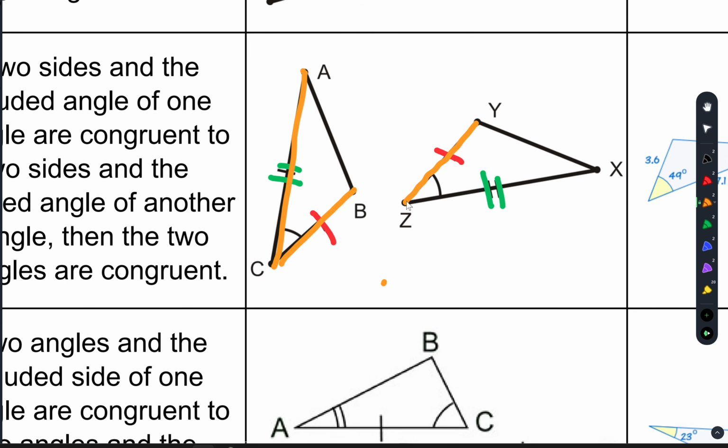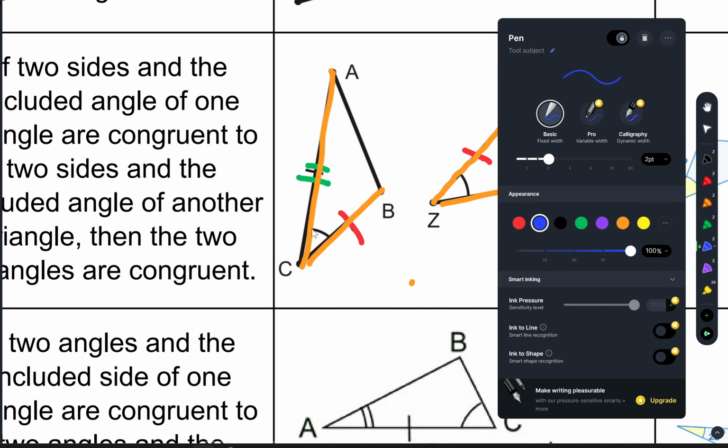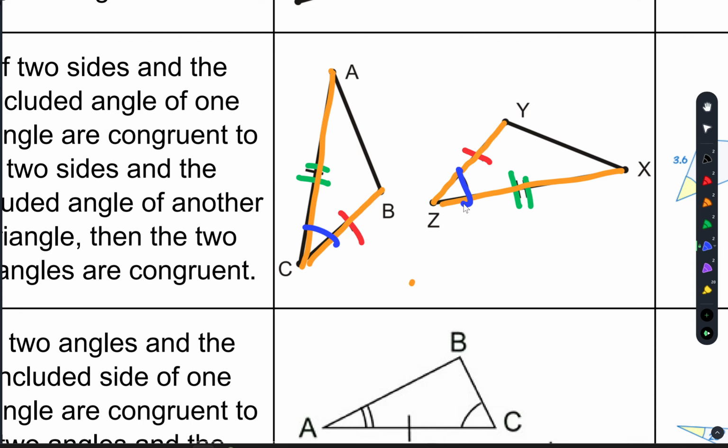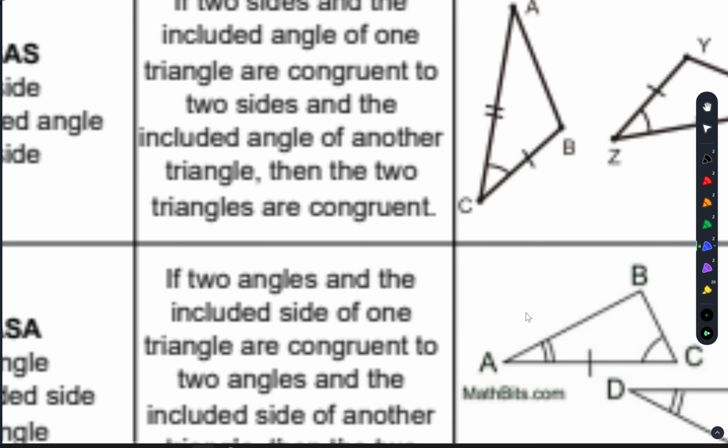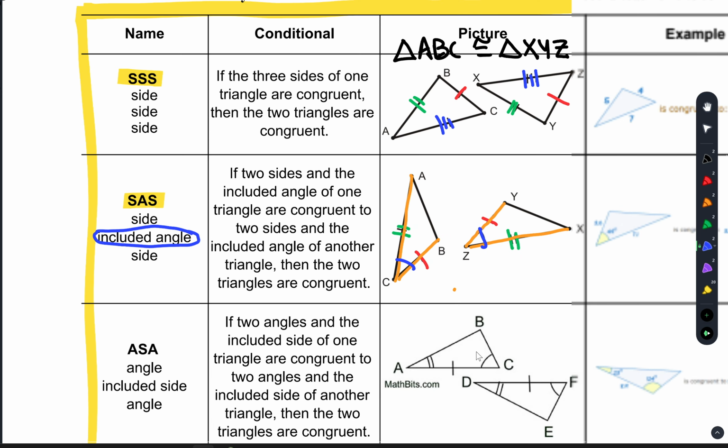And then do we see how that angle here in blue that I'm going to draw is literally wedged in between those 2 sides? That is what I mean by an included angle. That word included means sandwiched, wedged in between there. SAS only works if I have that sandwich.